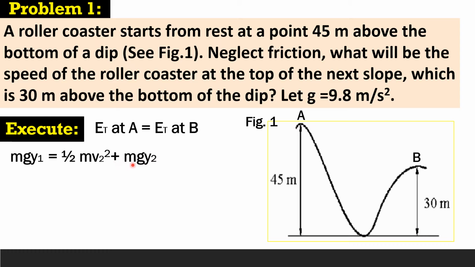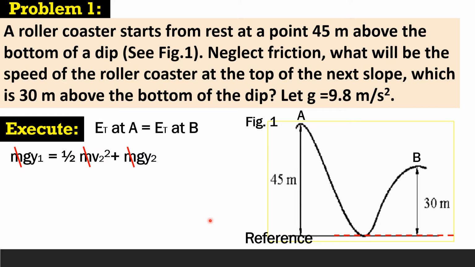And then we also have the potential energy it acquires at point B because it has a 30-meter distance from the reference point. This is considered here the reference point. You will notice that each term in the equation has the variable mass, and so therefore, we just cancel them out.